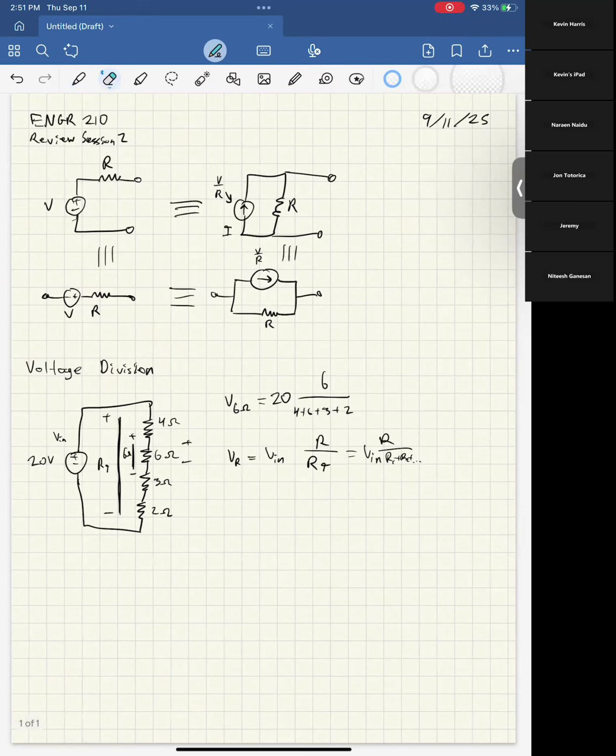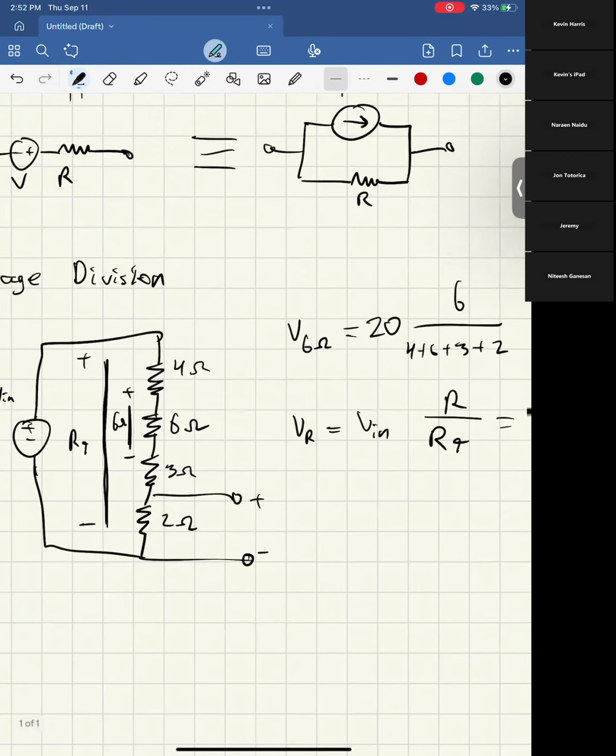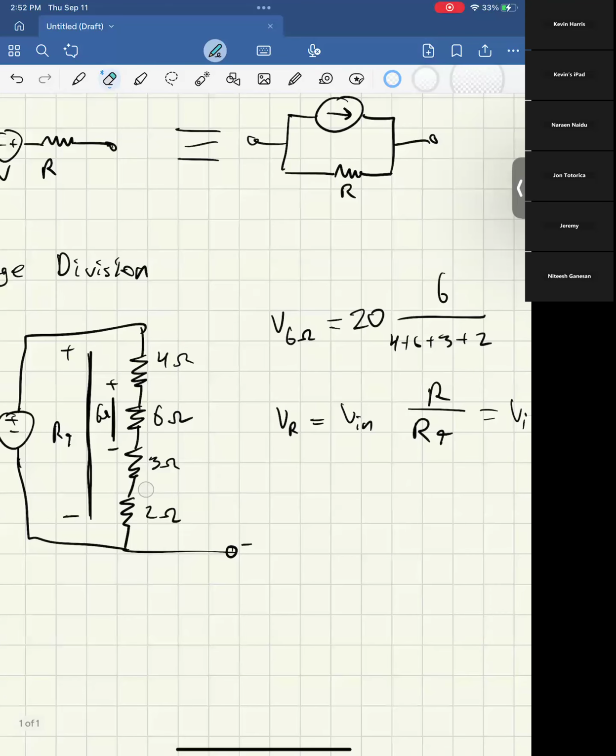For example, in this scenario, let's say the question was, okay, find this voltage, right? You can just do the same thing with that 2 ohm resistor. Or actually, I'll do it here.